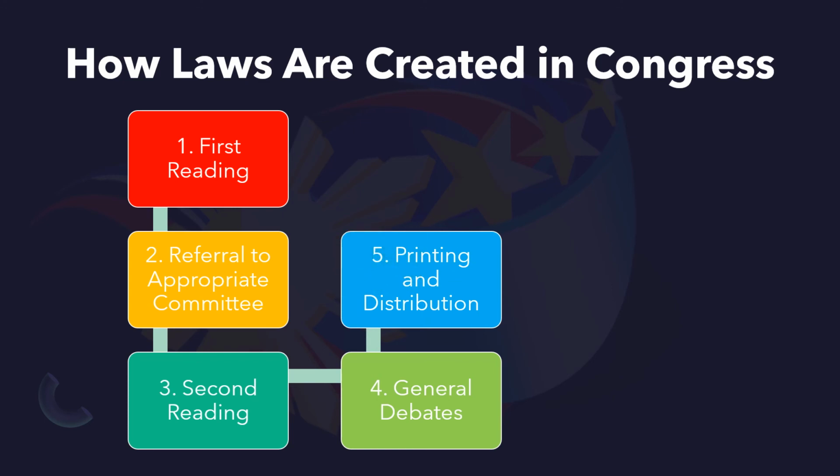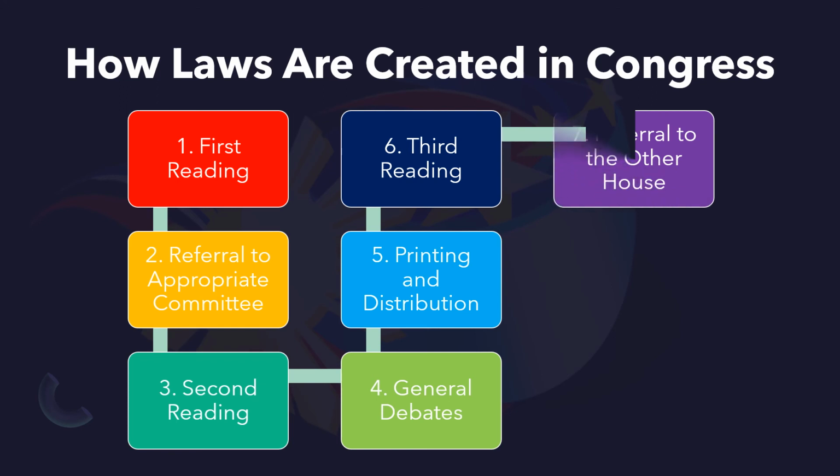Printing and distribution. After approval on second reading, the bill is then ordered printed in its final form, and copies are distributed among members of the House, ready for the third reading. At this stage, only the title of the bill is read. Upon the last reading of a bill, no amendment is allowed and the vote is taken immediately.